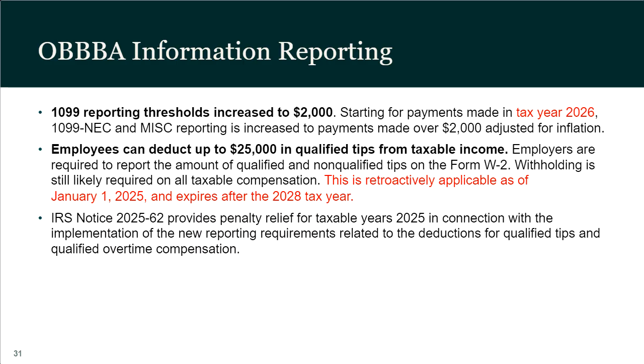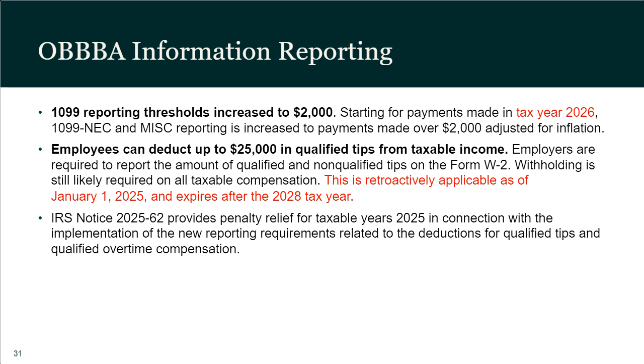Employees can deduct up to $25,000 in qualified tips from taxable income, and they're required to report the amount of qualified and non-qualified tips on the W-2. The interesting thing is W-2s aren't changing for this year, so there's a little bit of a question on the proper reporting.